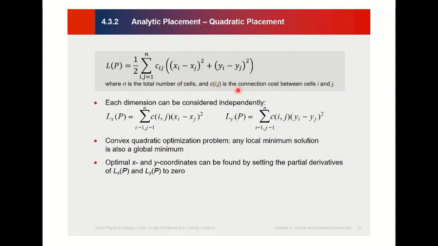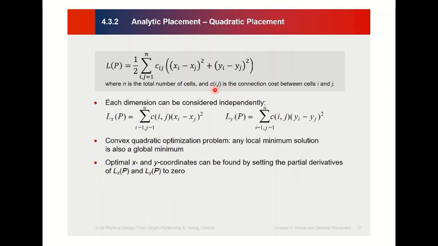Back to this objective function LP, we can split this function into x dimension only and y dimension only. To make the illustration simpler, assume Cij is 1. Okay, Cij is the connection cost between cells i and j, because the algorithm is quite flexible.